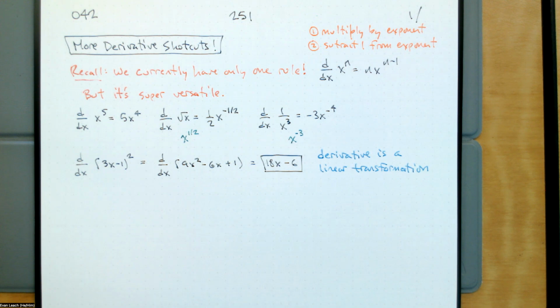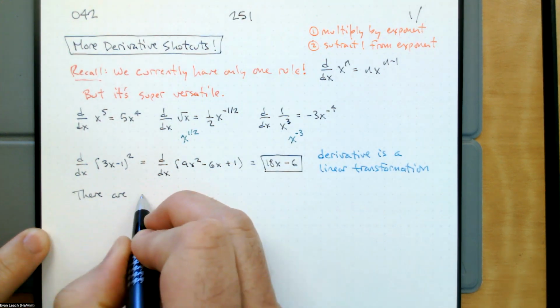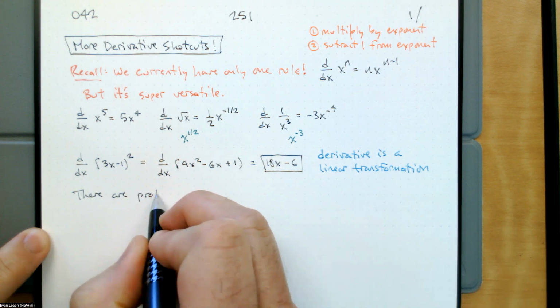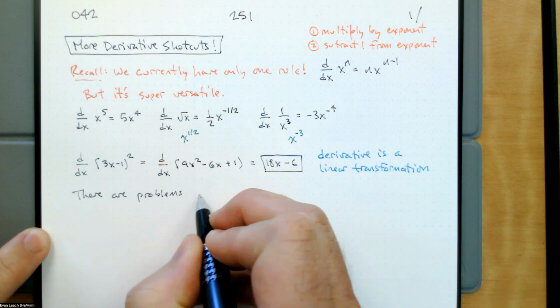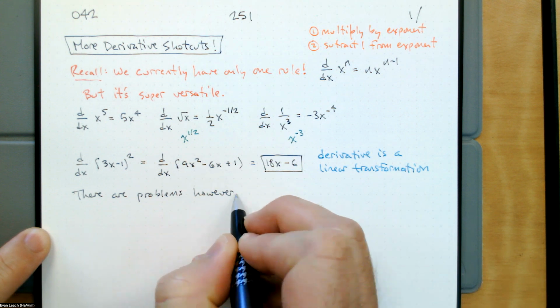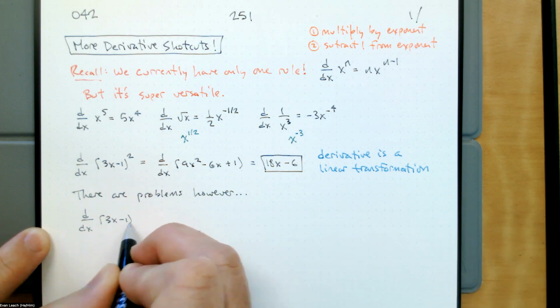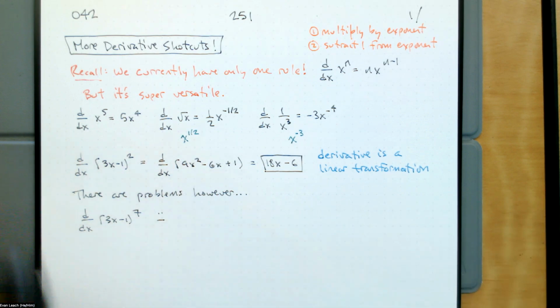However, this becomes kind of inconvenient if I have something like 3x minus 1 all to the 7th power, or something ridiculous. We don't want to multiply this out.